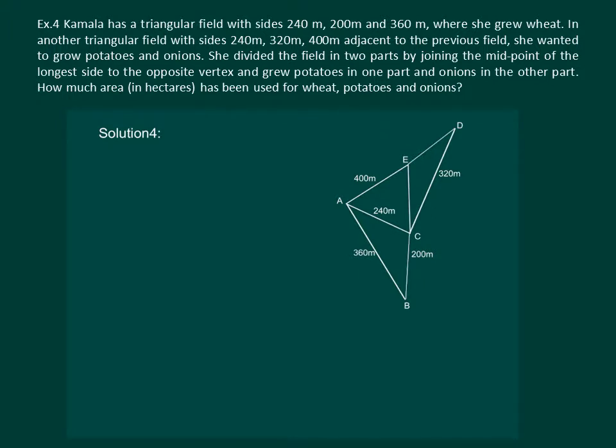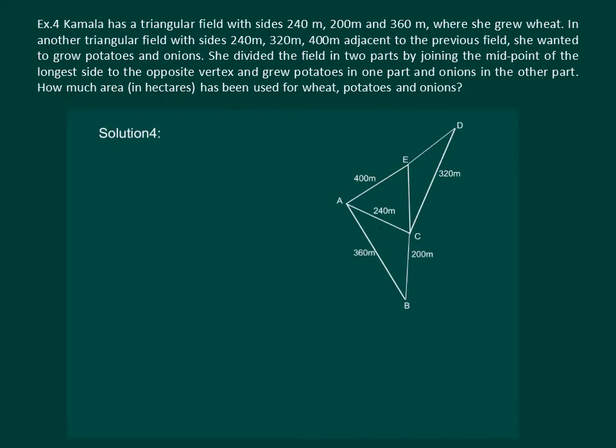Let us read the question. Kamla has a triangular field with sides 240 meters, 200 meters and 360 meters, where she grew wheat. In another triangular field with sides 240 meters, 320 meters and 400 meters, adjacent to the previous field, she wanted to grow potatoes and onions.